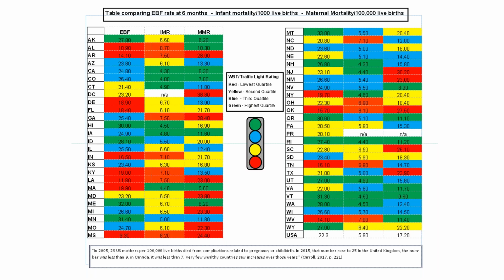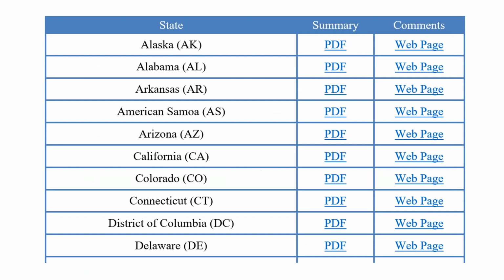You can see clearly that the issues of exclusive breastfeeding in some states are really reflective of the breastfeeding coalitions in those states and the work of the Baby-Friendly Hospital Initiative in those states. So this is a really good shorthand for your coalitions.